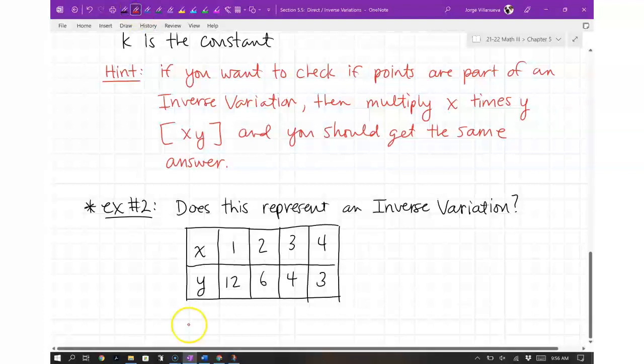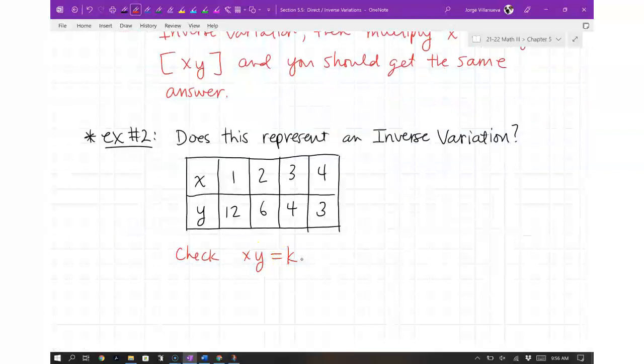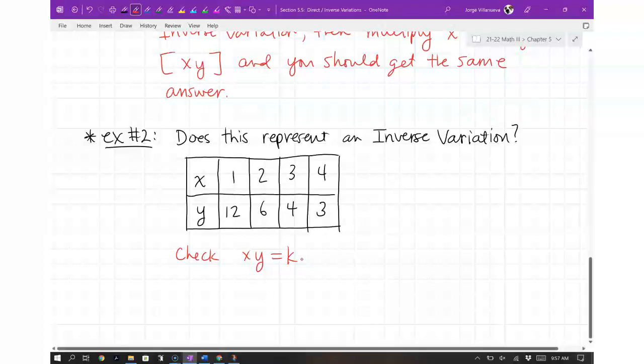So what I've got to check is xy equal to k. If I multiply x times y, that equals whatever my constant is. Is that constant consistently the same? So let me just check all the points. 1 times 12, that's 12.